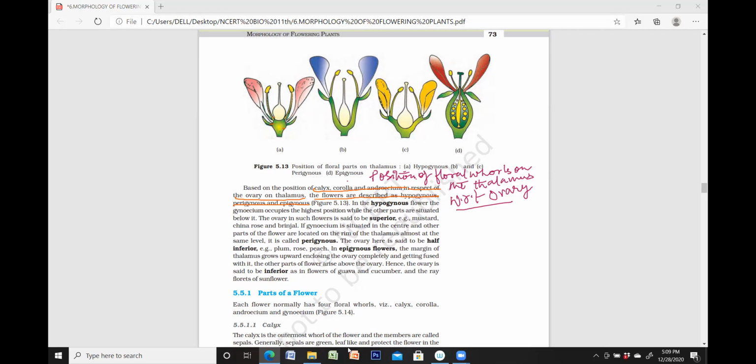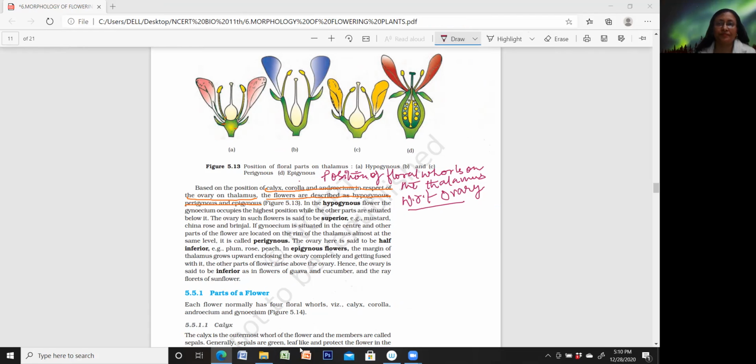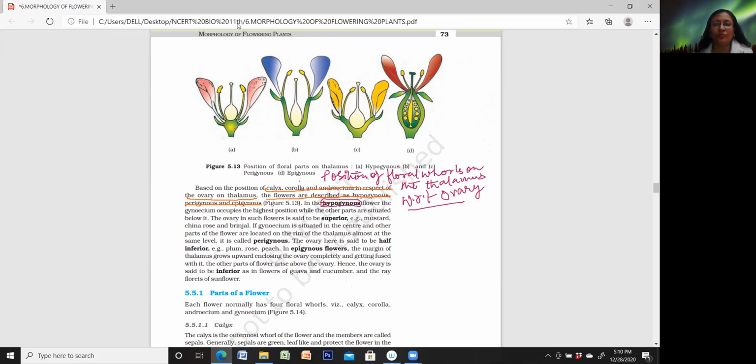If you look at the word hypo, hypo means below. Gynous means gynoecium. So when I say hypogynous, it has to mean that all the floral whorls must be below the gynoecium.